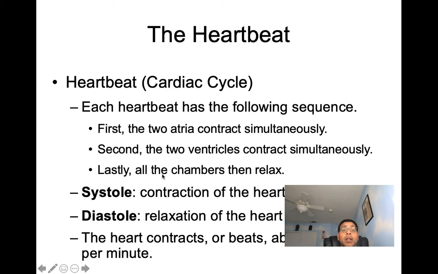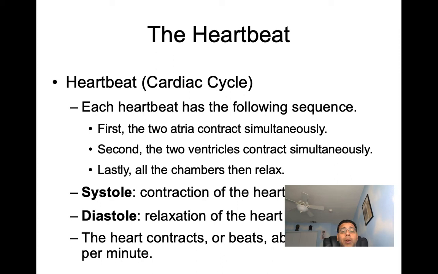Then lastly, all of the chambers are going to relax. There's two terms I want you to be familiar with, and they include systole and diastole. The term systole refers to the contraction of the heart muscle. The term diastole refers to the relaxation of the heart muscle.